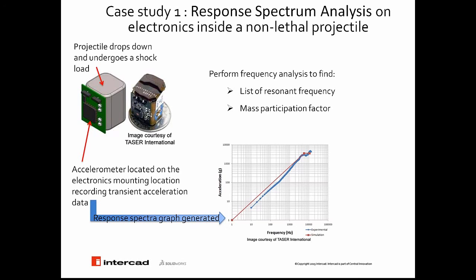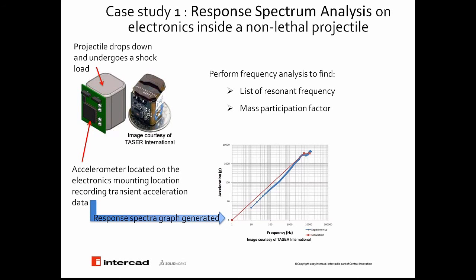If more than 80% of the mass of the system contributes to vibration, then we can guarantee that all important modes of vibration are incorporated into our study and the maximum response is correctly calculated.